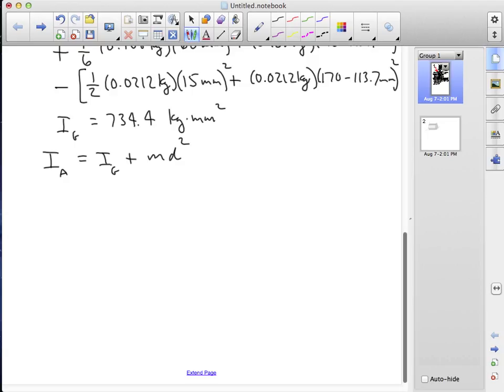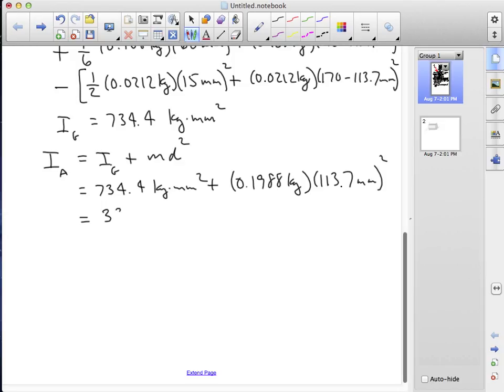So if we take our value of 734.4 and add the total mass, 0.1988 kilograms, and the distance, 113.7 millimeters squared, that gives us a value of the mass moment about axis A of 3303 kilogram millimeters squared.